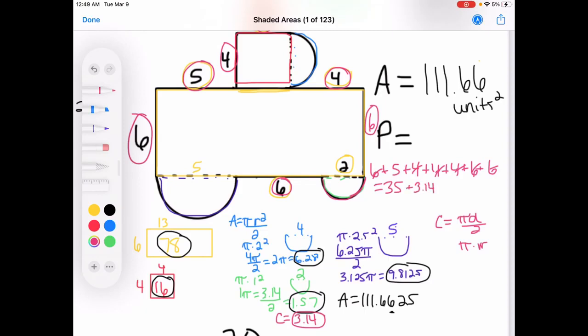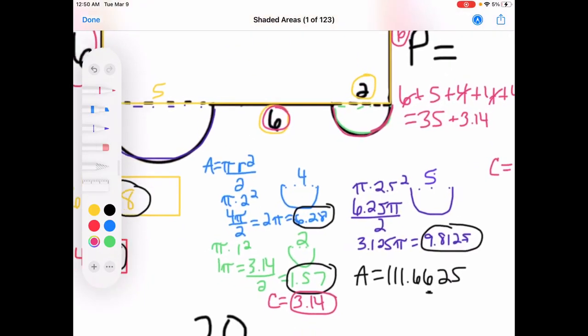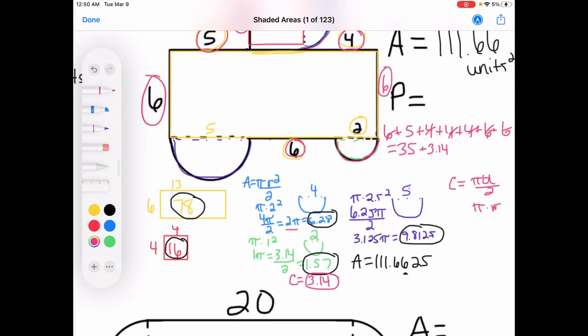Okay, then when my diameter is 4, so for this one here, I need to do pi times radius. Well, my radius is 2. So that would be 2 times pi. So that tells me that my circumference is also 6.28. So my circumference is the same as my area.